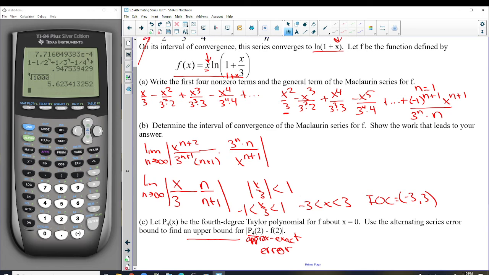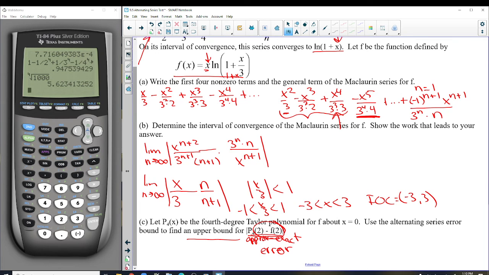Well, we're doing this with fourth degree, which is not the fourth term, it's the fourth degree. So we're saying we're adding those up. So this is going to be the error of the fourth degree. So the fourth degree error is the fifth degree term. Now look, we're doing this at 2.